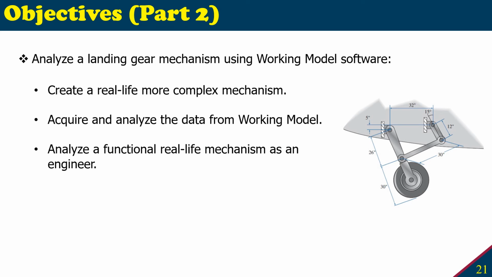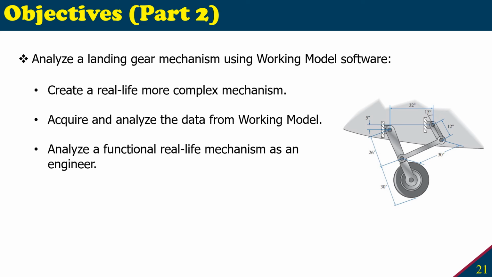So the objective of part two is analyze a landing gear mechanism using Working Model software, where you have to create the real life mechanism that you can see on the right image. I have a bigger image on the next slide.